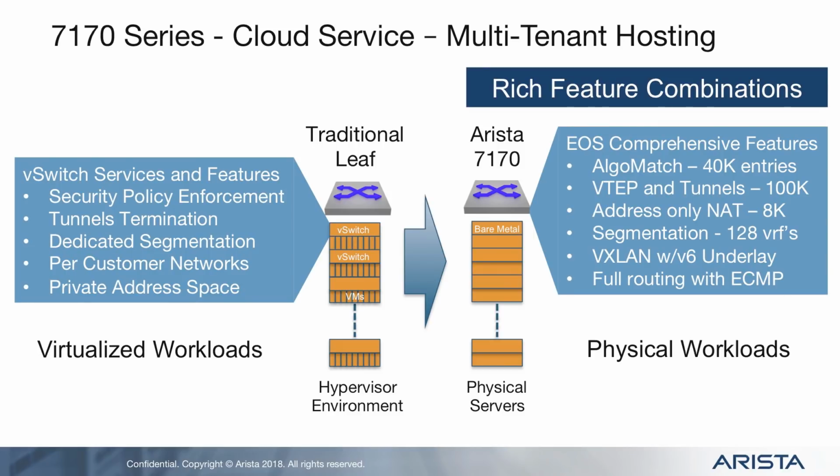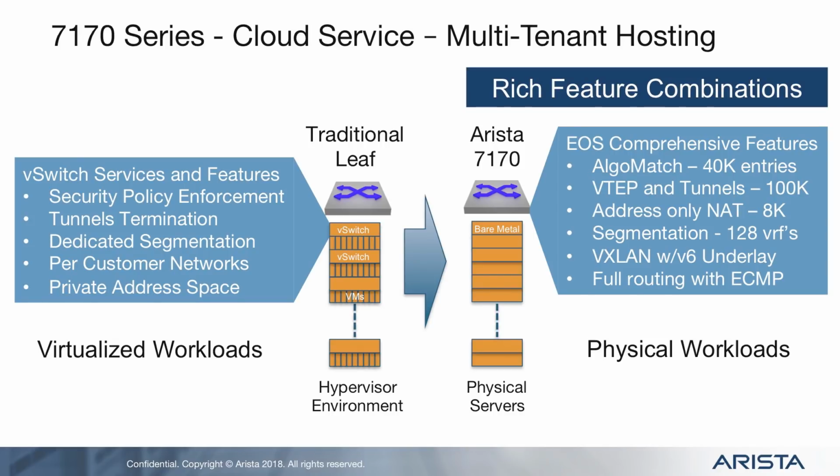We can do that at the same time as turning on VXLAN and having 100,000 VTEPs or tunnels. We can also turn on network address translation, so you've got private dedicated customer networks with 8k entries. And then from a segmentation perspective, support for up to 128 VRFs.